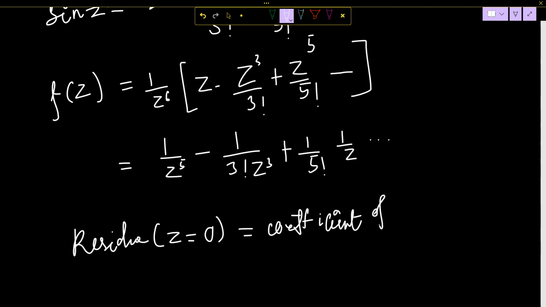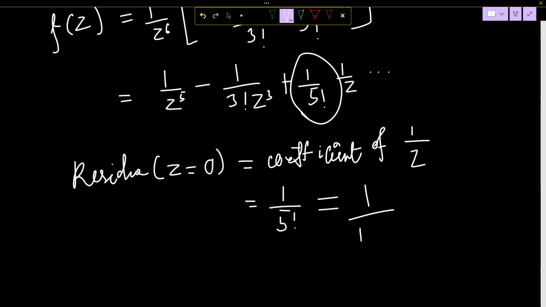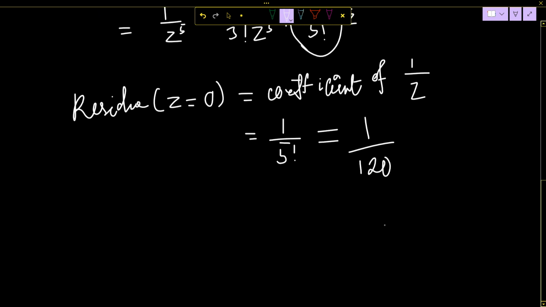So what is the coefficient of 1 by z here? It is 1 by 5 factorial, which is 1 by 120. This is not the answer, this is the residue only.